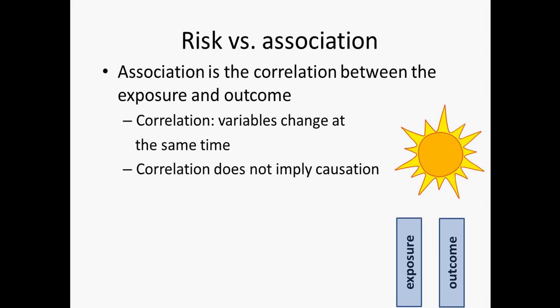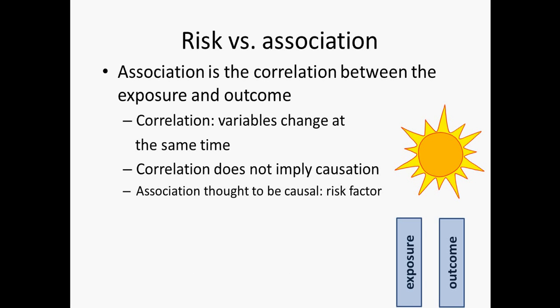But deciding the degree to which an association may be causal is a great deal of an epidemiologist's thinking and effort. For example, where an association is thought to be causal in nature, we use the word risk factor.